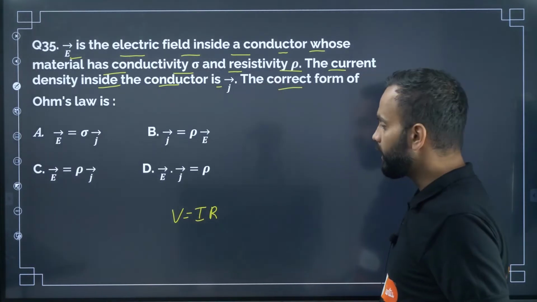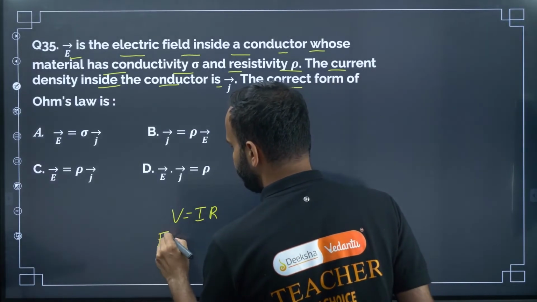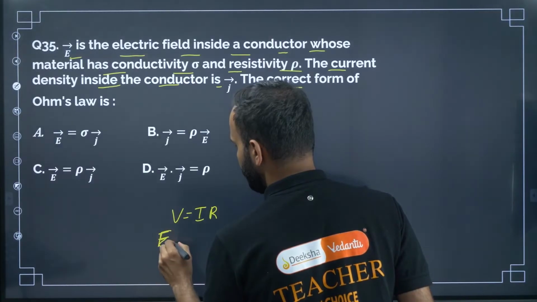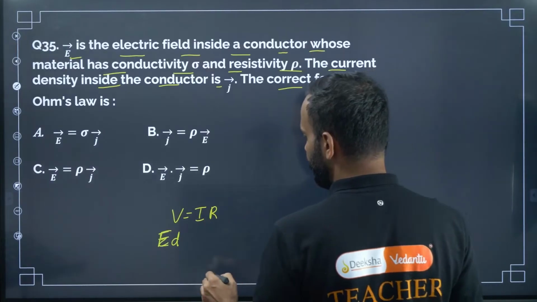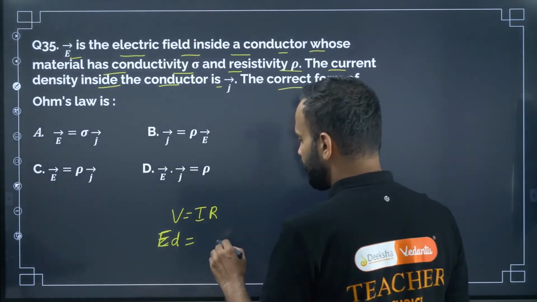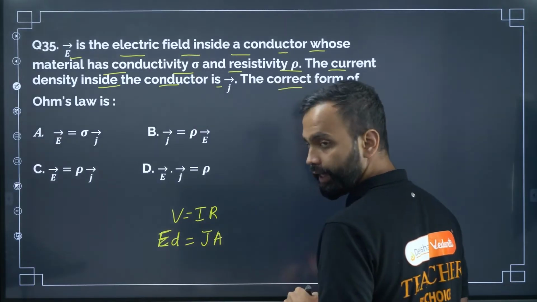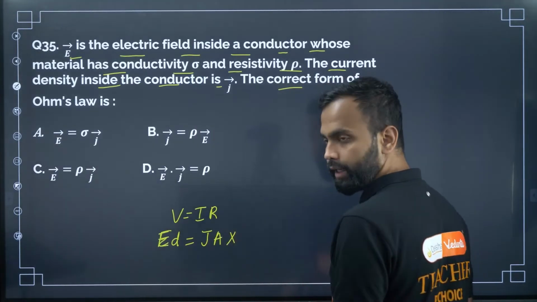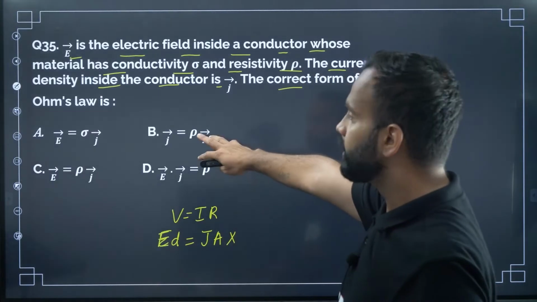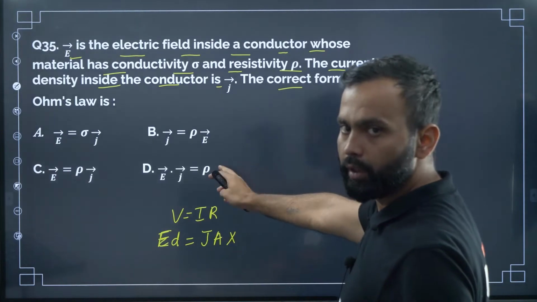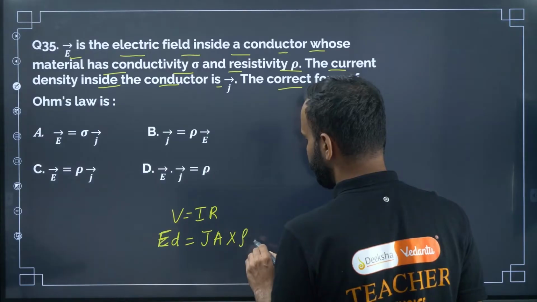So I can write V, that is the potential difference applied across the conductor, as E into D, right? E into D, which is equal to I, the current, right? So current will be current density J into area of cross section A, into R, right? So here the resistivity is rho, right? The answer is in resistivity and conductivity also. Okay, so now the resistance, I can write resistance as rho into L.